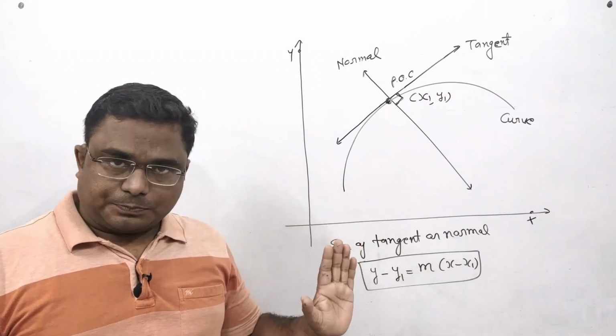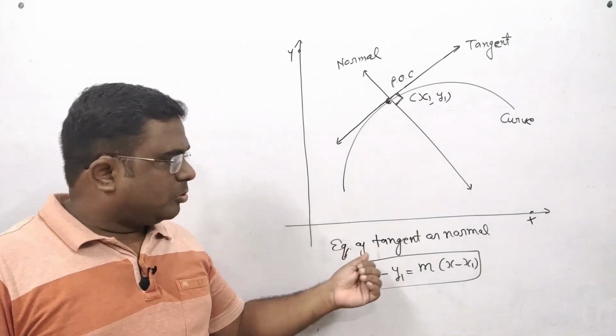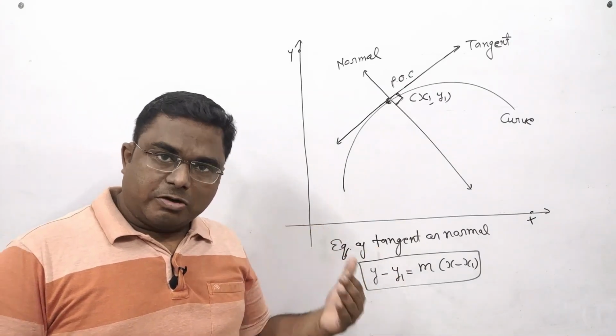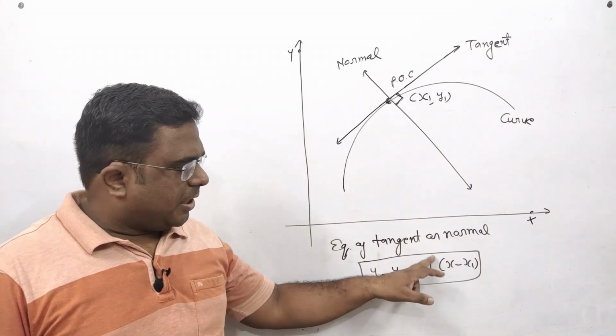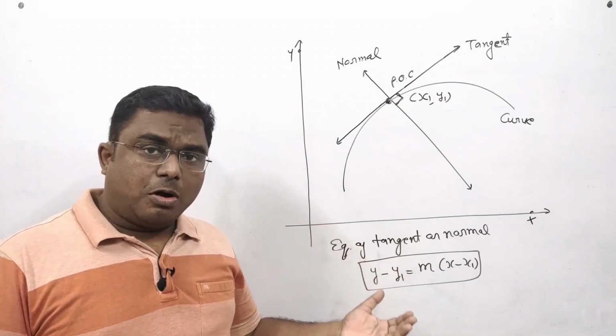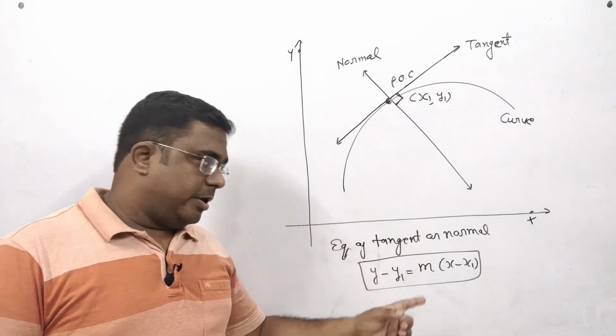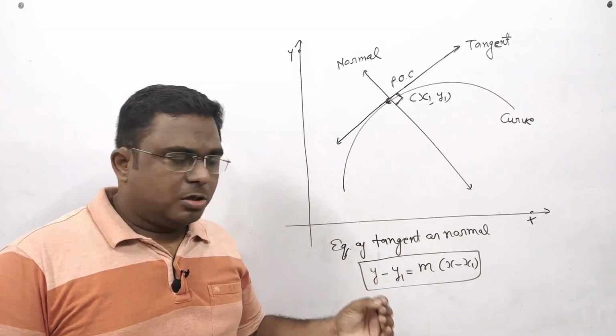Now what about m? m is the slope. Slope of what? Suppose you are finding the equation of tangent. In that case, the value of m will be the slope of tangent. And if you are finding normal, then in place of m you will take the slope of normal.